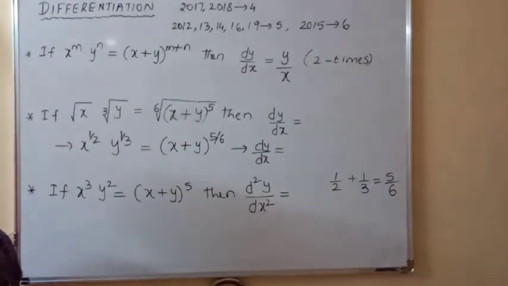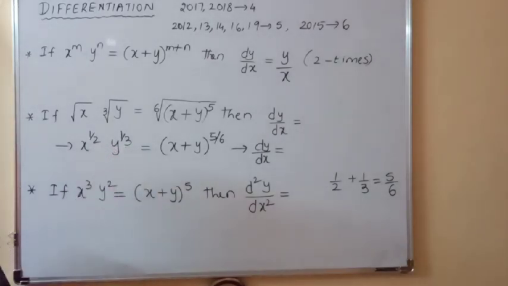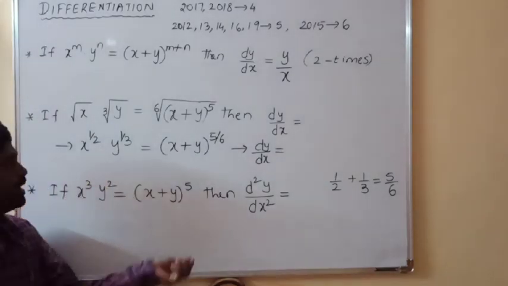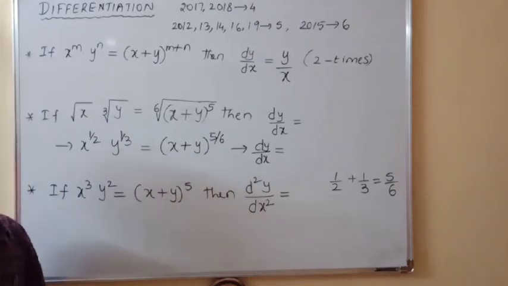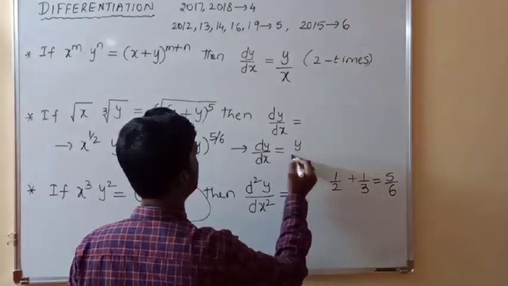If you add these two powers, you get 5 by 6. That means the degree of LHS is 5 by 6, and the RHS is also 5 by 6. Hence it is a homogeneous equation. Then dy by dx is y by x.